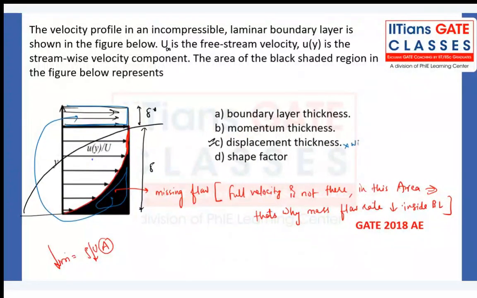Displacement thickness into width, and width they are taking as 1 unit. So we can write the deficit area, or basically the mass flow rate which is deficit because of this displacement thickness.